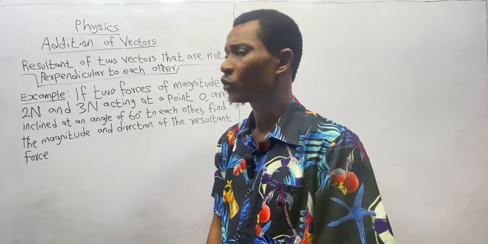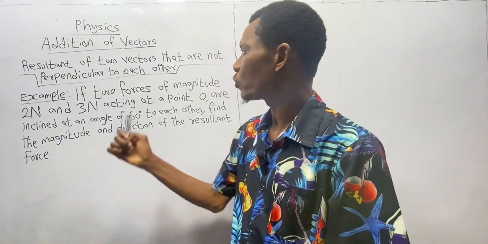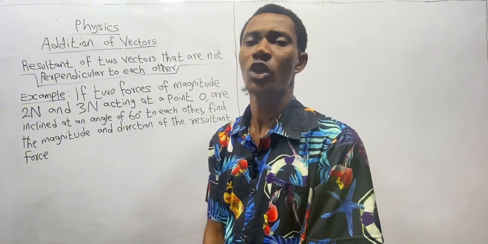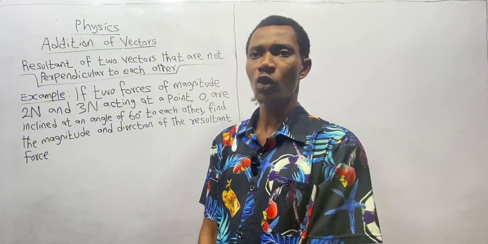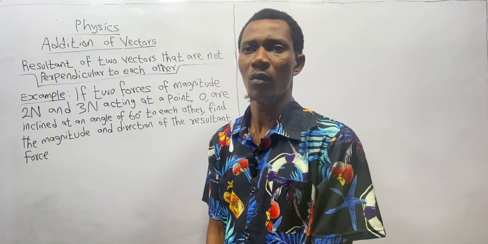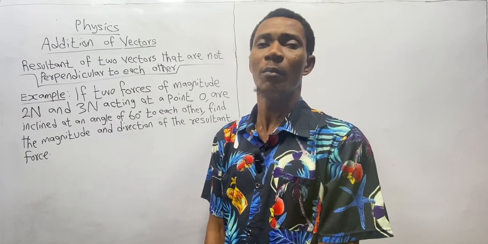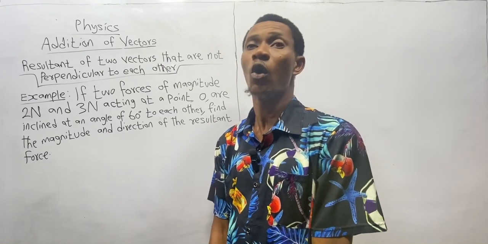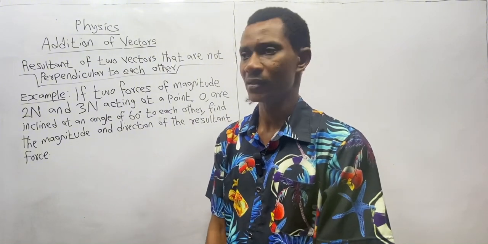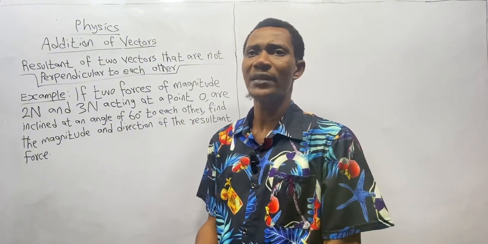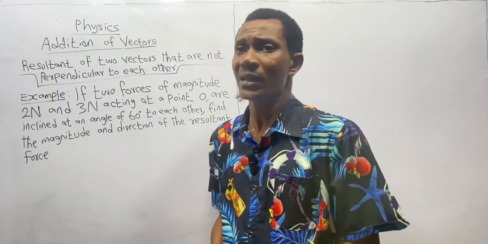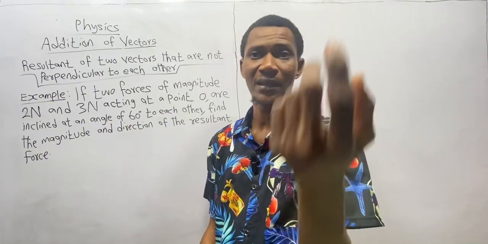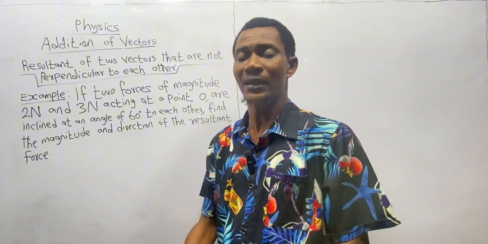But this time around, we're looking at the resultant of two vectors that are not perpendicular to each other. That means they do not make an angle of 90 degrees with each other, but rather they make an angle of either greater than 90 or lesser than 90. The question now is, how do we find the resultant of these two vectors that are inclined at an angle that is either greater than 90 or lesser than 90?